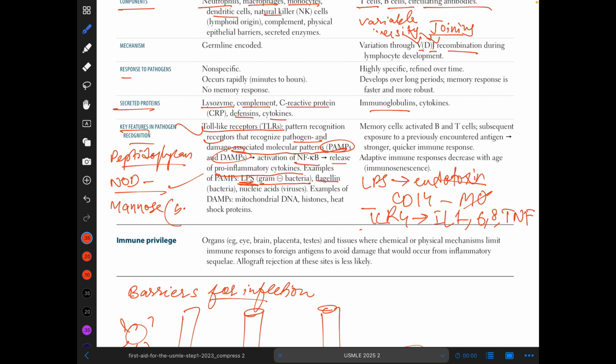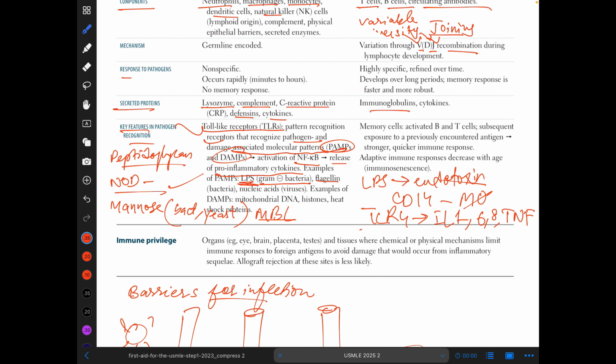This is present in bacteria and yeast, and they will interact with mannose-binding lectin, MBL, released by the liver. This mannose-binding lectin then activates the lectin pathway of complement activation.